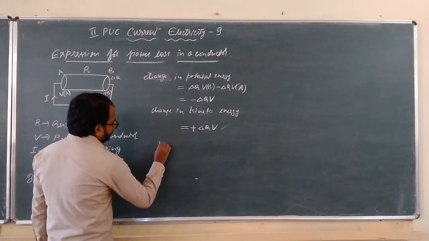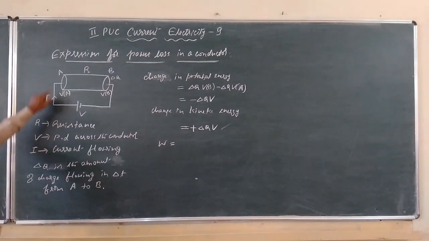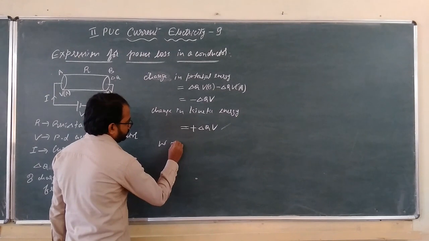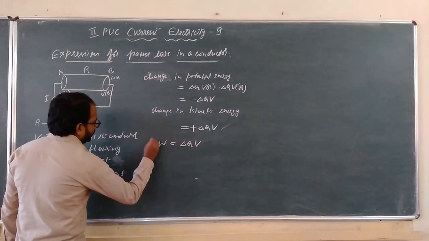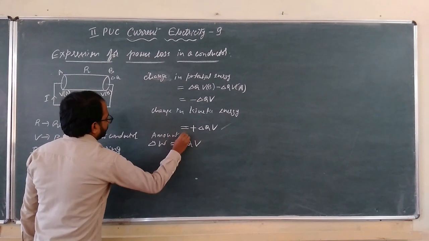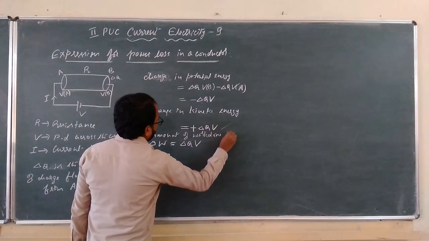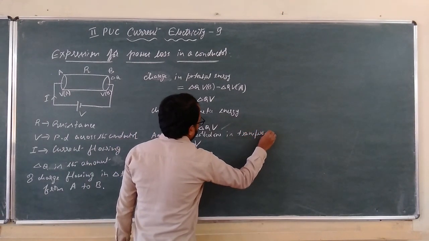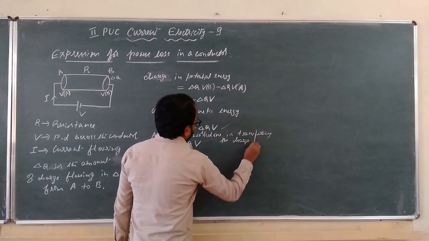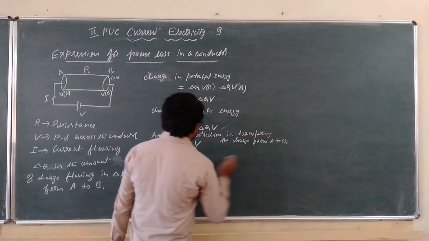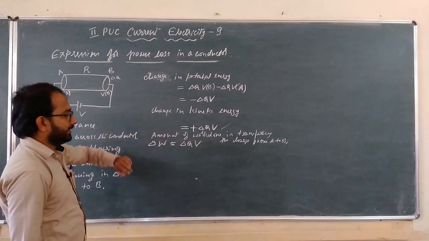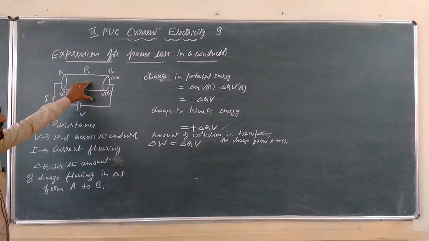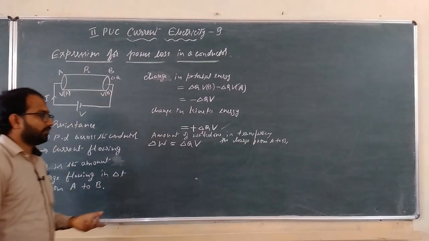So the amount of work done in transferring the charge delta Q from A to B is equal to delta Q into V. Ideally it is equal to the gained kinetic energy, but due to the collision of the charges with the ions, that gained kinetic energy is lost in the form of heat.